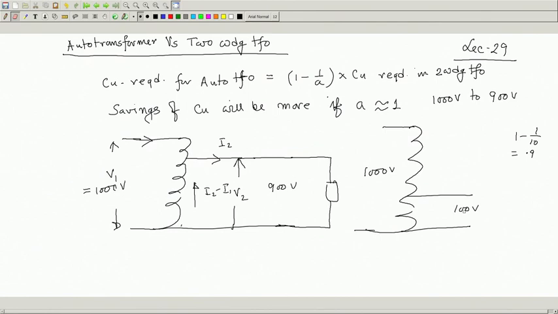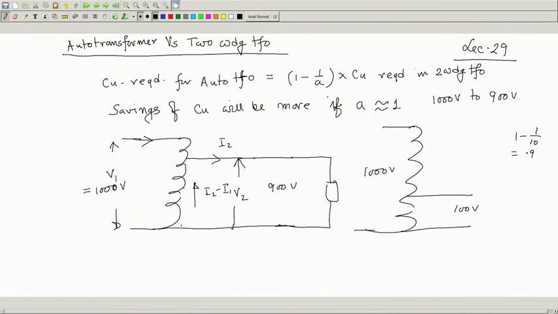But in this case, whoever is working at 900 volt must have taken enough precaution to work at this voltage, right? The voltage will only shoot up a little, maybe by 10%, 5%, if an open circuit occurs.